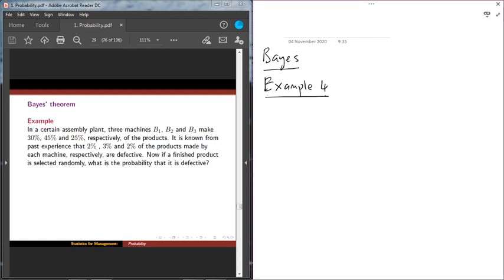It is known from past experience that the products made by all these 3 machines do have some defectives. The percentage is 2, 3 and 2 respectively. Now if a finished product is selected randomly, what is the probability that it is defective?